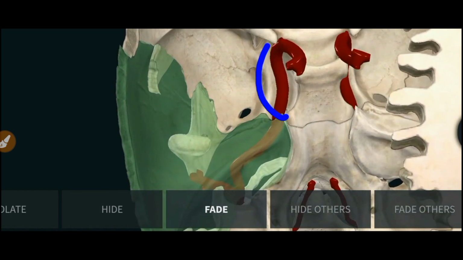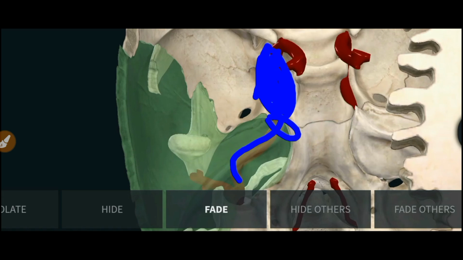In the sinus it passes forward and lodges in the italic F-shaped carotid groove, on the floor and medial wall of the cavernous sinus, along with the abducent nerve, that you should remember.